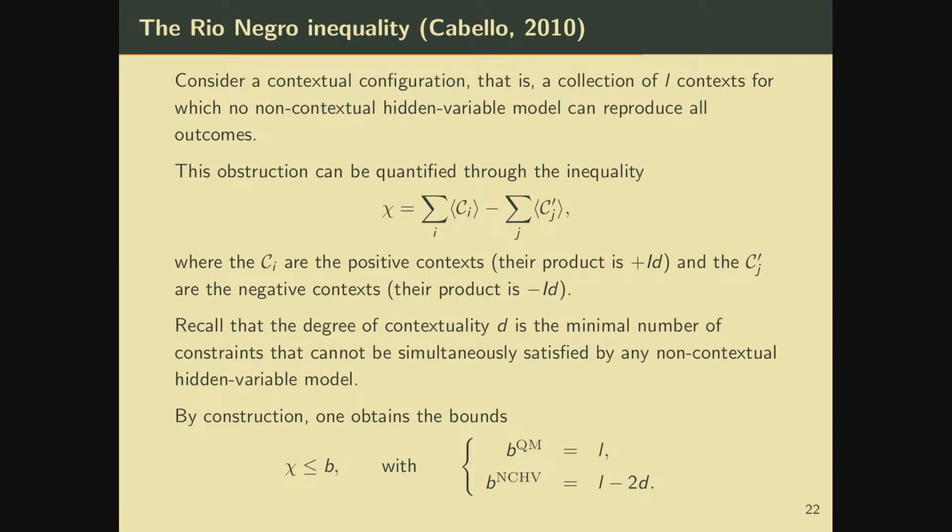Well, if you think about it, in the case of a non-contextual hidden variable model, the bound of this quantity should be the number of contexts minus 2 times the degree of contextuality. Why? Well, the degree of contextuality corresponds to the number of contexts which will be wrong. And being wrong means here that you will flip the sign. So you will have 2 times the number of wrong answers, which will decrease the value of this quantity here.